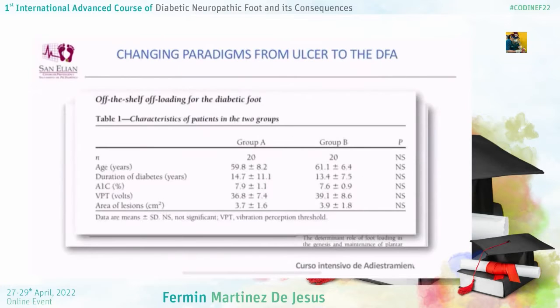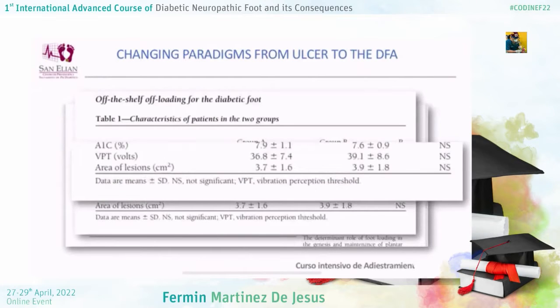So we need to change the paradigm from ulcer to diabetic foot attack that we are confronting in all the countries in Latin America and maybe worldwide. We are receiving excellent published papers with hard data, but about small neuropathic ulcers.